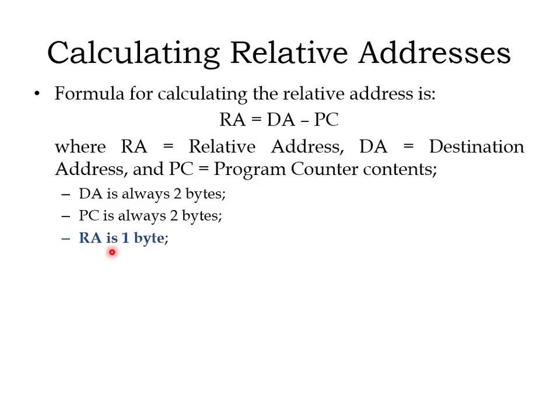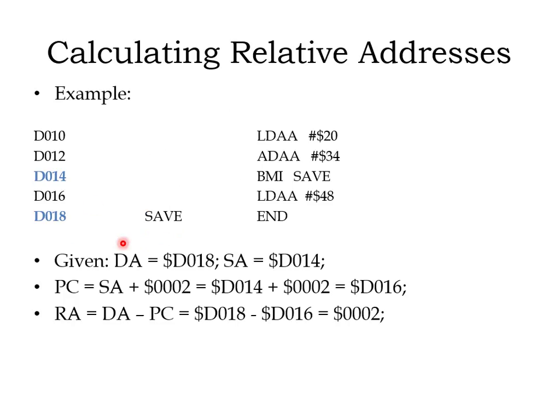Okay. Now let's look at how I actually plug in what I got. Remember, I got the destination address, I got the source address, and now this is how I plug them in. Remember I got those 2 blue things, right? This is your source address, D014, and the destination address is D018.